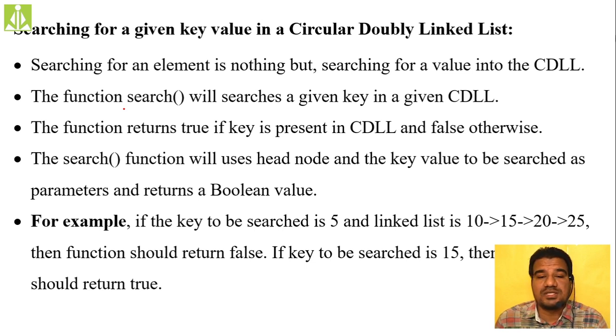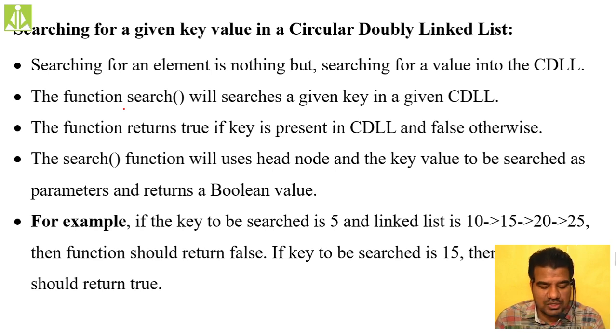But when you are searching for 15 inside the same list, as it is there, the function should return true to indicate the success of that search. Hopefully you understood. So quickly we go and write that code and see how it works.